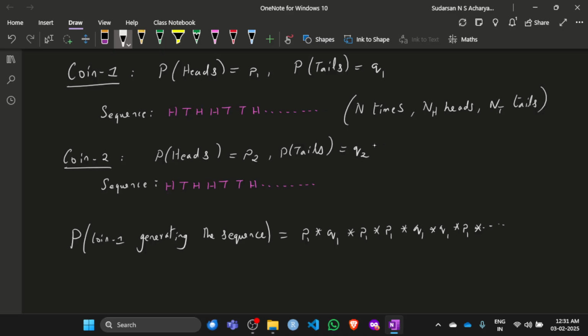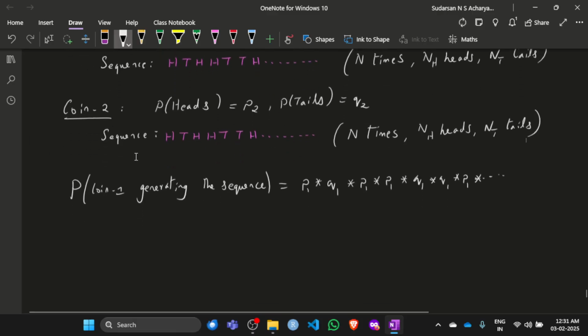So the question we are asking is, how likely is it for your friend's coin to also generate a similar sequence if you toss the coin n times? That is, you should get nh heads and nt tails, right? So similar distributions should generate similar sequences is the underlying idea.